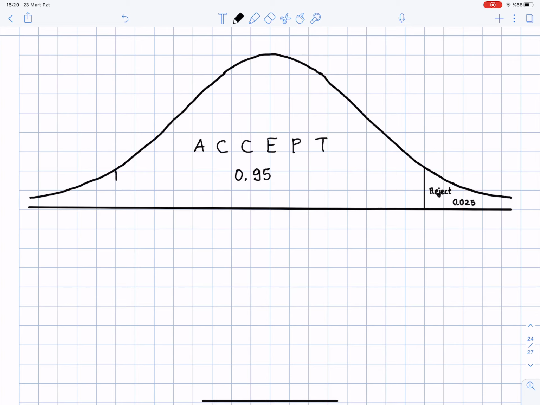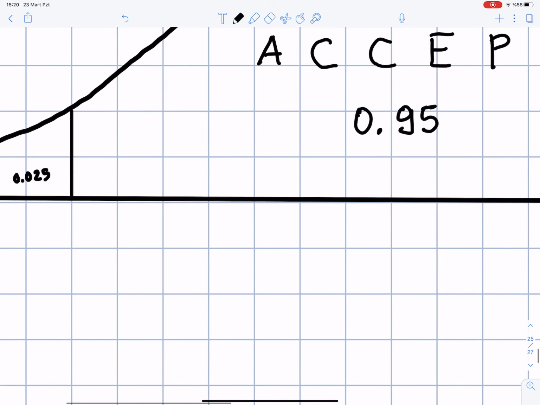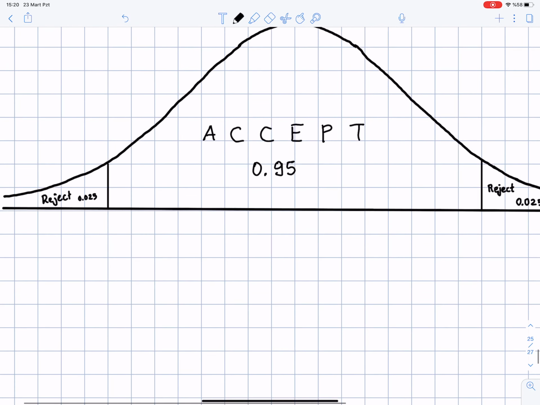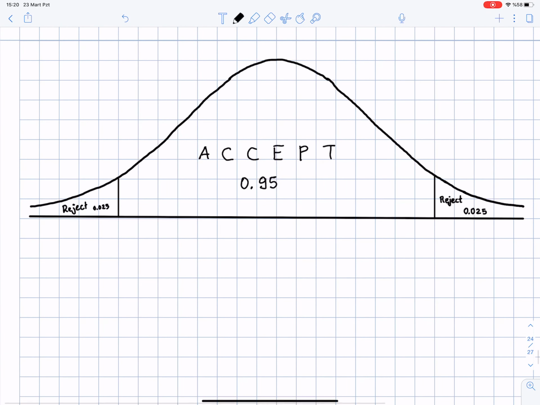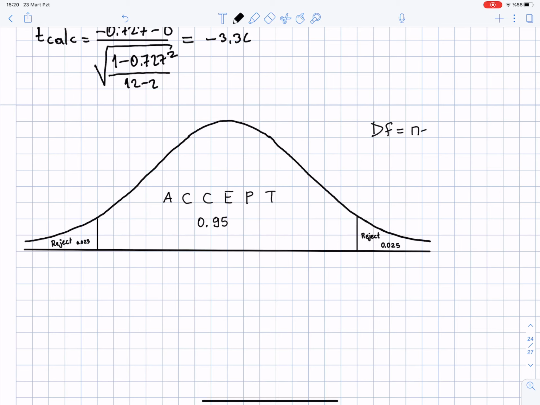So this is going to be 0.025. So the accept region will be 0.95, and the critical value, since the degree of freedom is n minus 2, becomes 12 minus 2, which is 10.